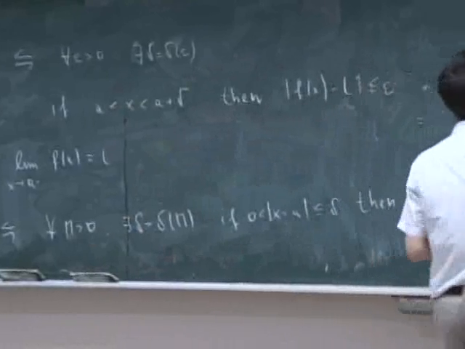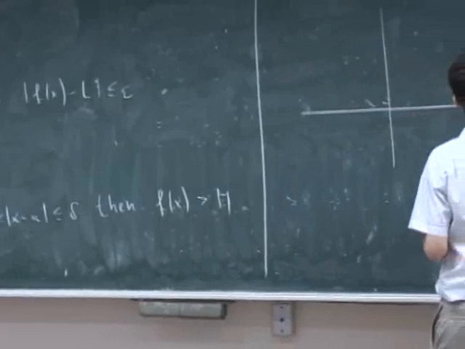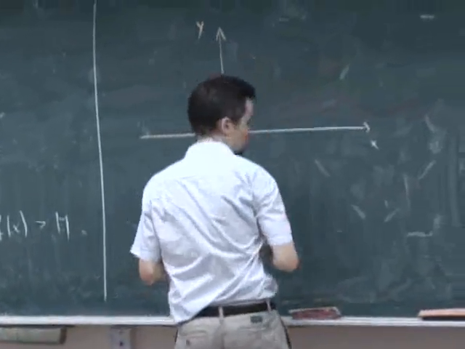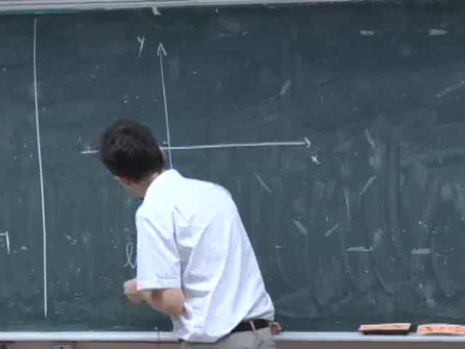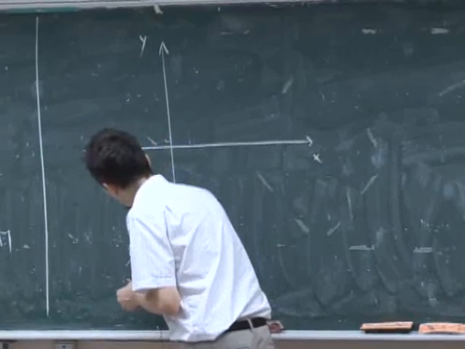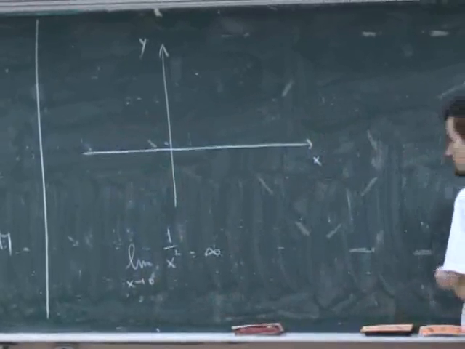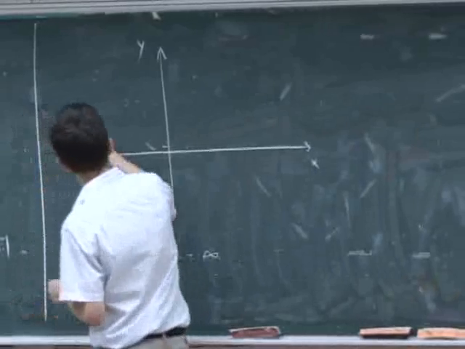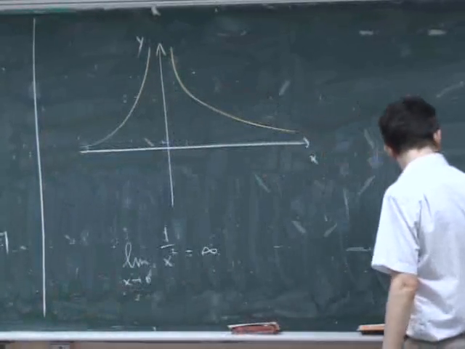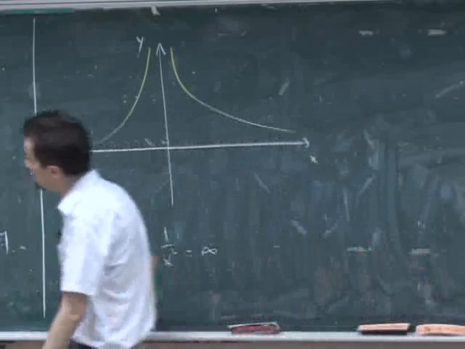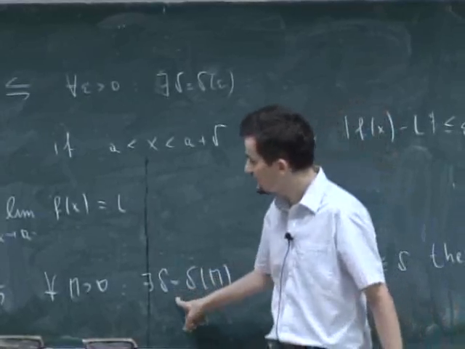So again, if we look at the graph, maybe let's stick to the same example. We saw already that the limit of 1 over x squared as x tends to 0 is equal to infinity. The graph looks like this here. Now, if you want to prove such a limit relation, you have to tell me the delta for every m.